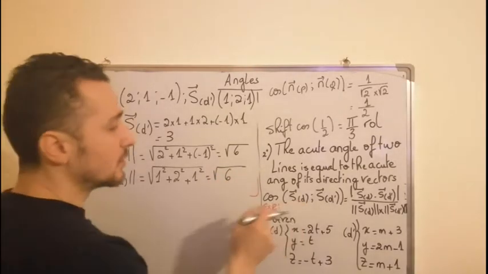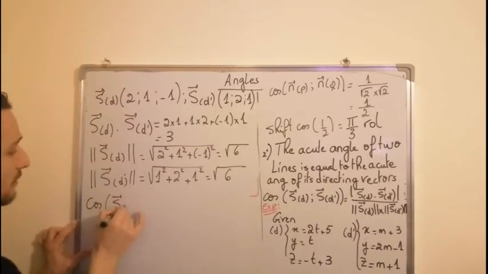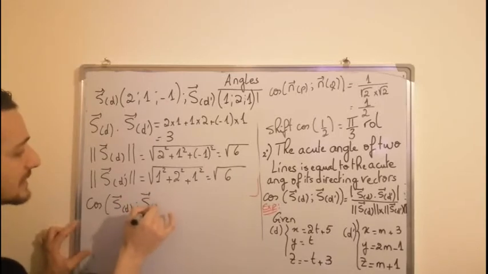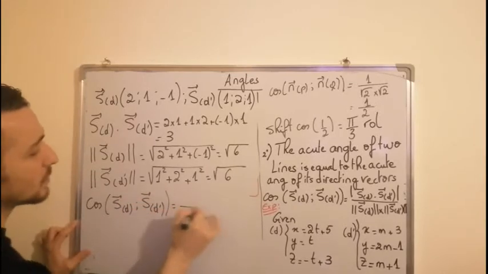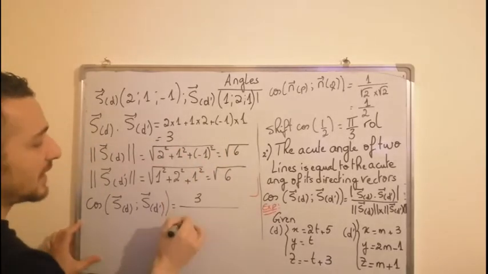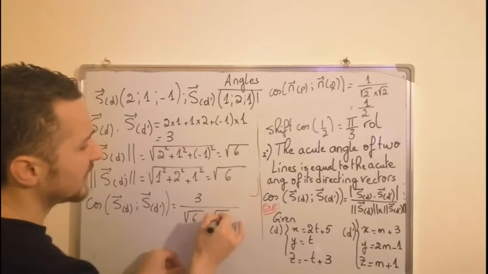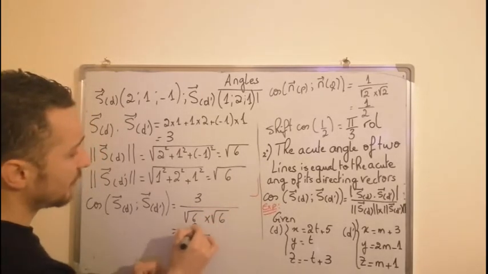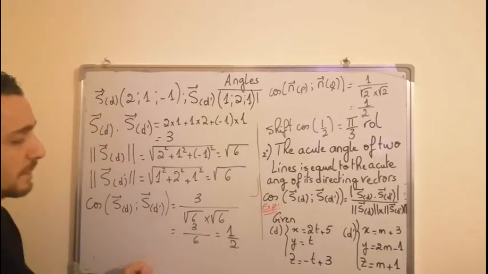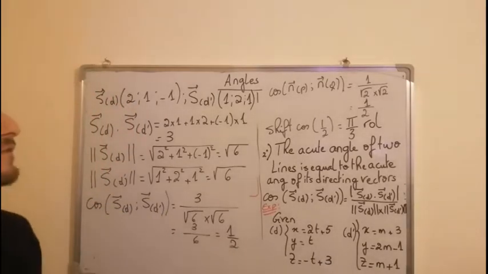By using this rule, cosine of the angle formed by the two directing vectors SD and SD prime is equal to the absolute value of 3, it's equal to 3, divided by the norm of the first times the magnitude of the second, so it's equal to 3 over 6, equals also half. After simplifying, we obtain half.